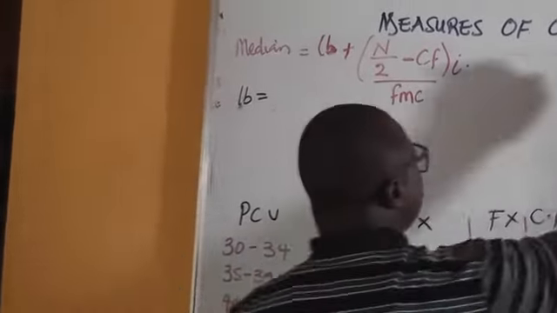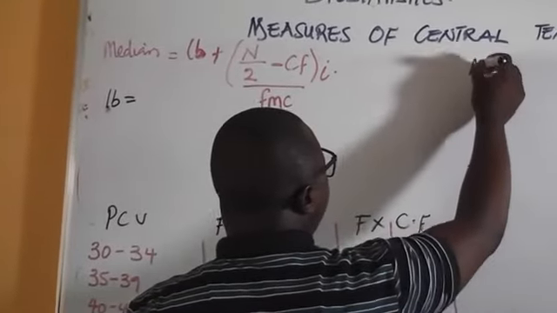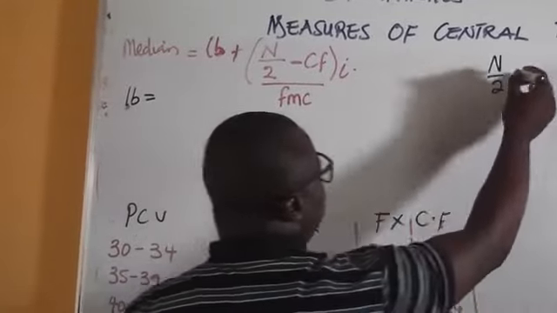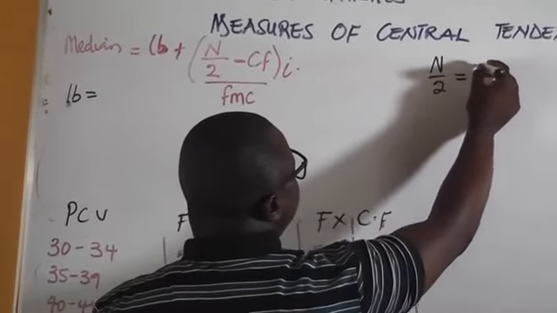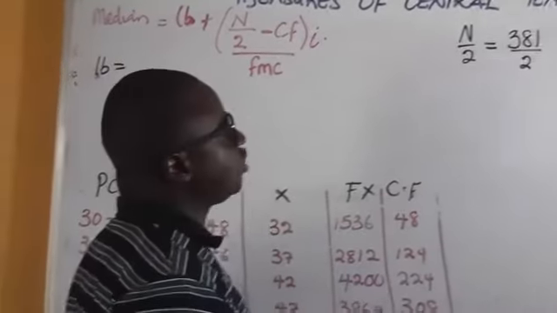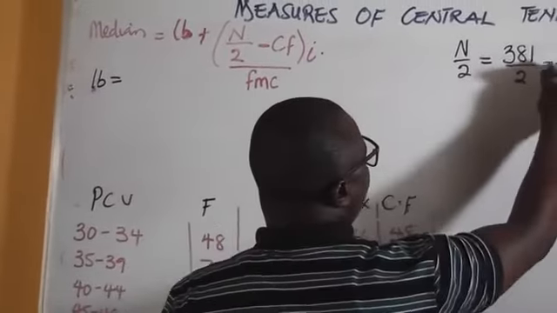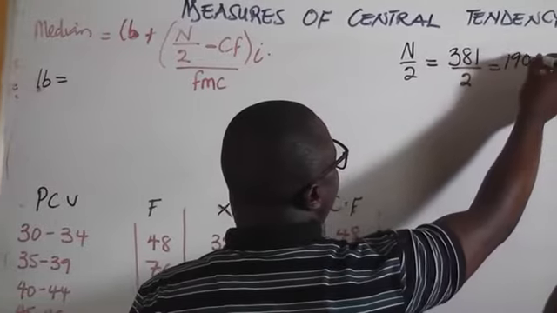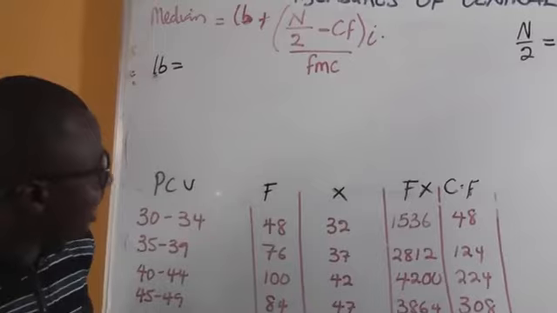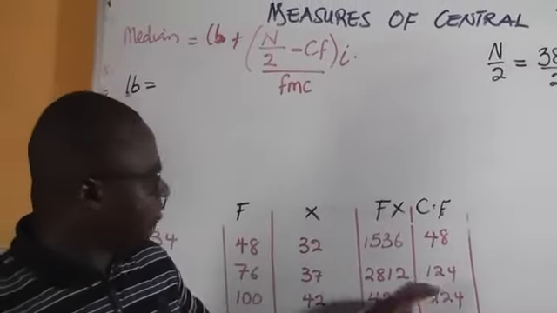To know the middle row, the formula is N over 2. Our N represents 381, so 381 over 2. 381 by 2 will give you 190.5. Now with 190.5, I will come to this cumulative frequency.